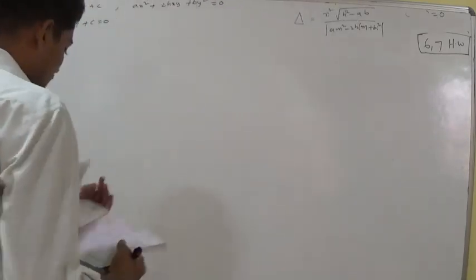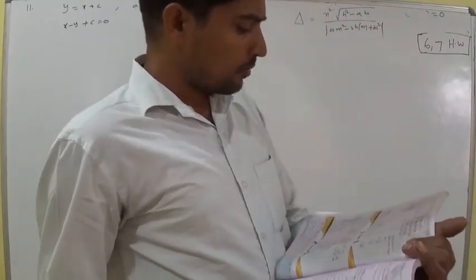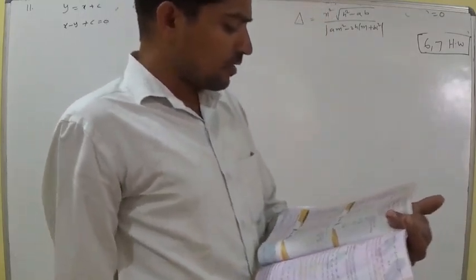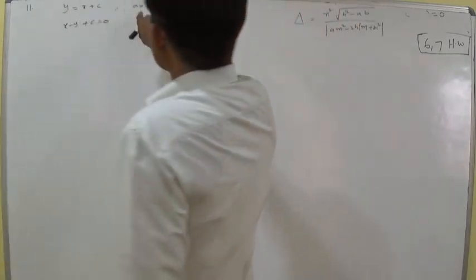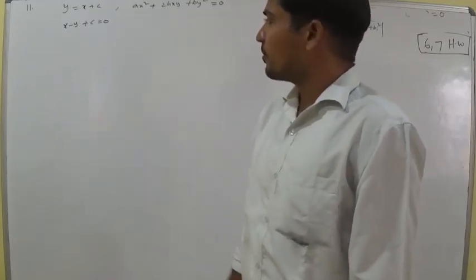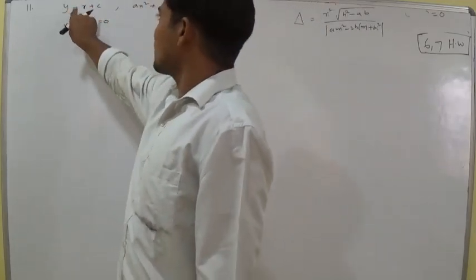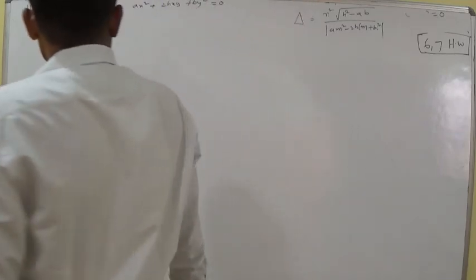See, now 11th problem, now we are going to discuss the 11th problem. The area of triangle formed by the lines y is equal to x plus c and ax square plus 2hxy plus by square is equal to 0. The first one can be written as x minus y plus c is equal to 0.